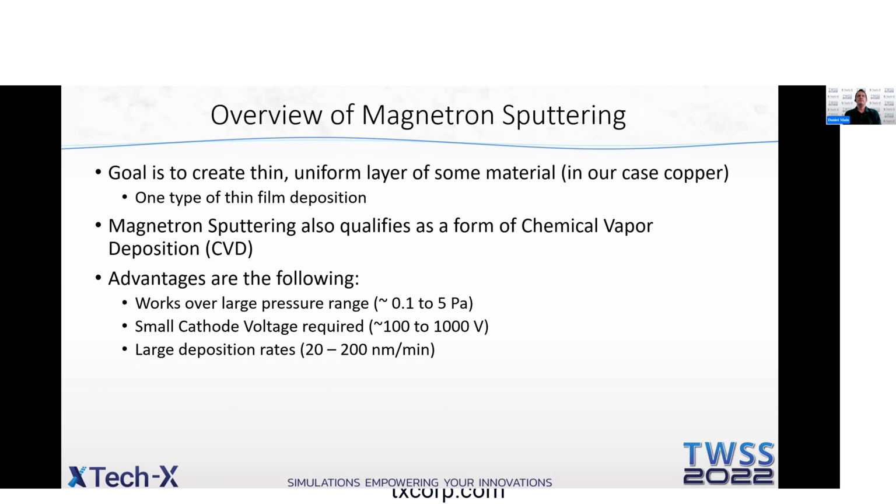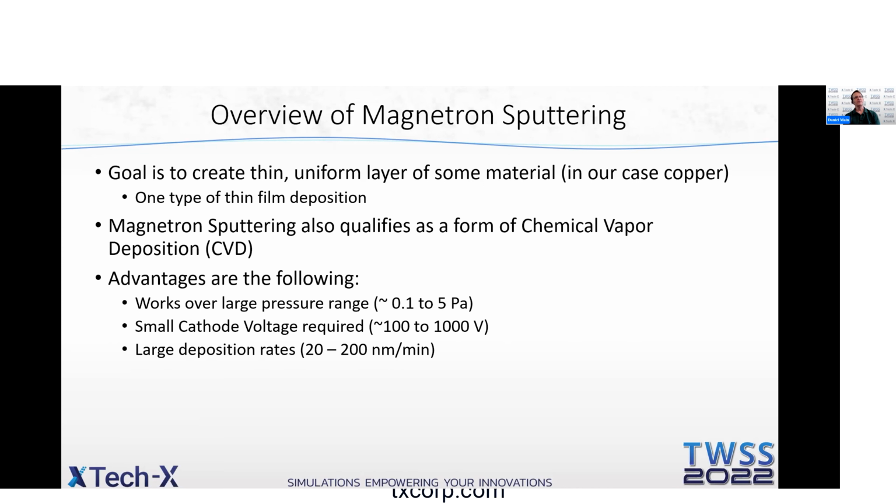So just as a brief overview of this extremely broad field, the goal of magnetron sputtering is to create a thin uniform layer of some material. Usually metal, but it doesn't have to be. So we've modeled this as a copper cathode. This magnetron sputtering falls in the realm of chemical vapor deposition.